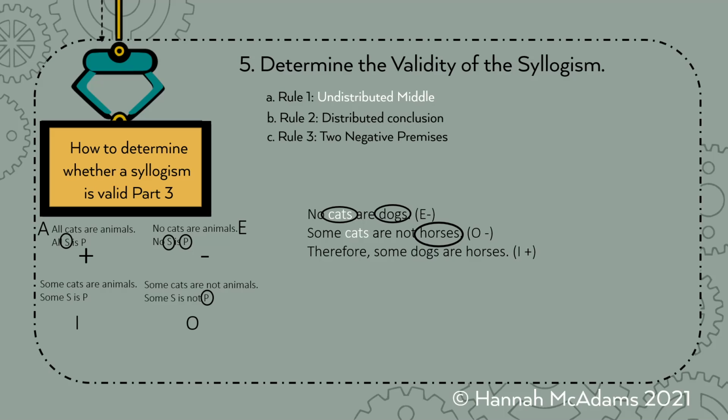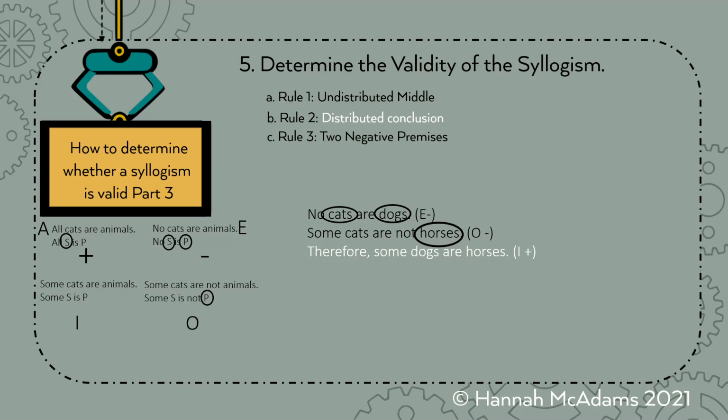So it follows the undistributed middle rule. What about the distributed conclusion? That means that if there is something in the conclusion that is circled, then it also has to be circled in the premise. But we don't have anything circled in the conclusion, so we don't need to worry about that one. See how there's nothing circled in that sentence?